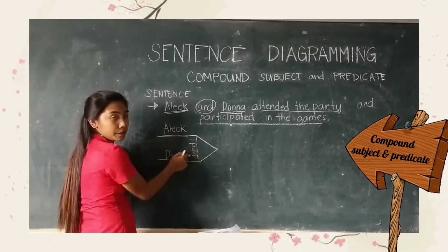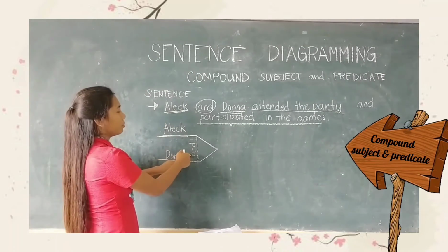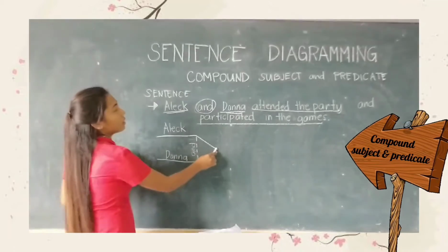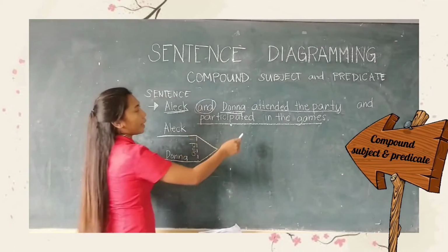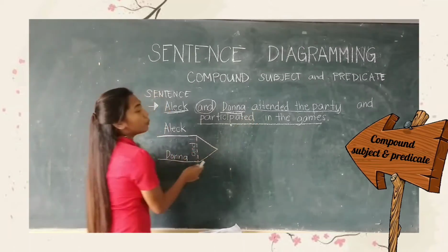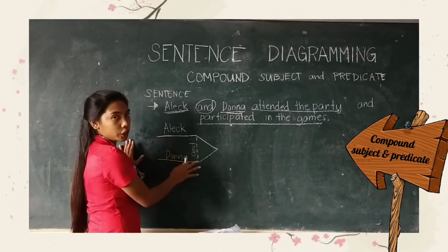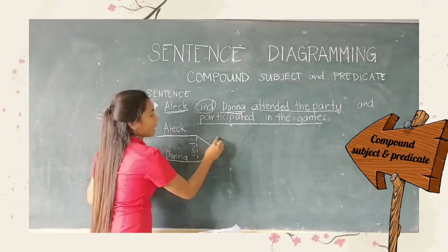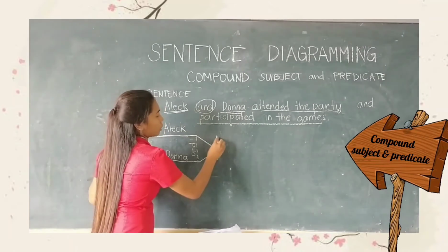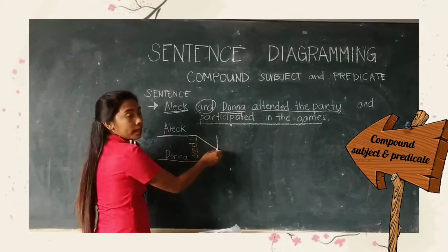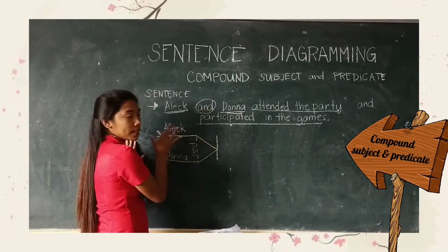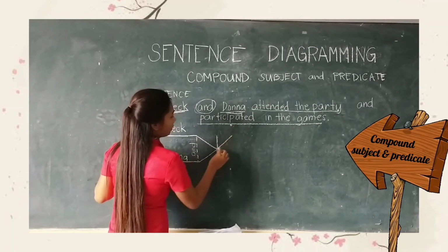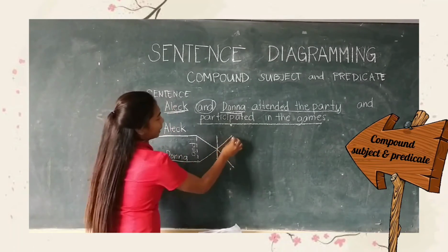This is our conjunction. So we have to continue our diagram, but since we have two predicates, we have to create another branch. But class, please don't forget to put a vertical line between the two branches because this line separates the subject and the verb. So we have to create another branch for our predicate.